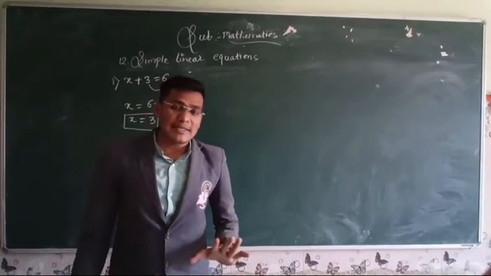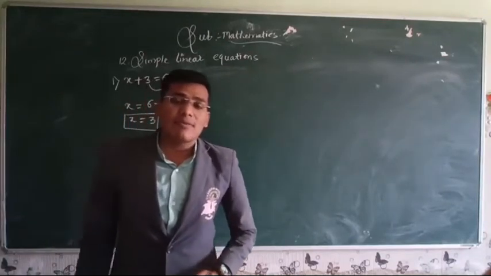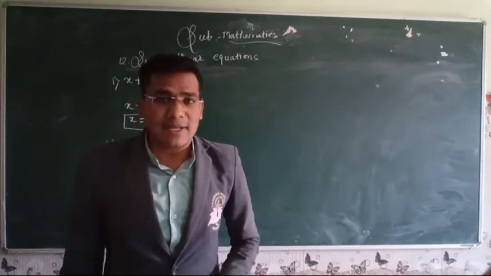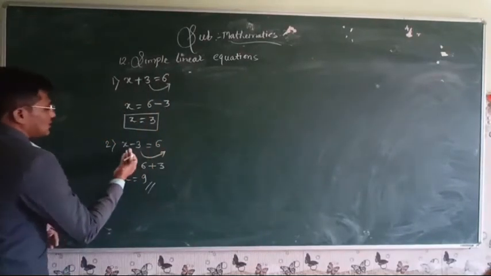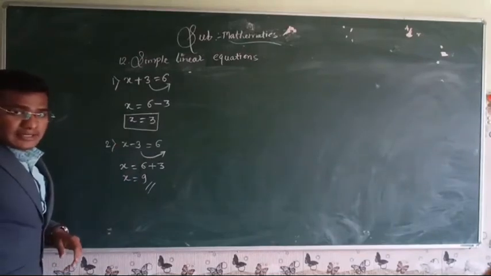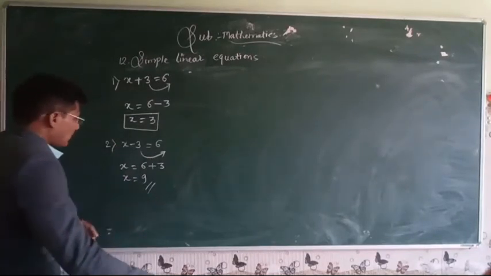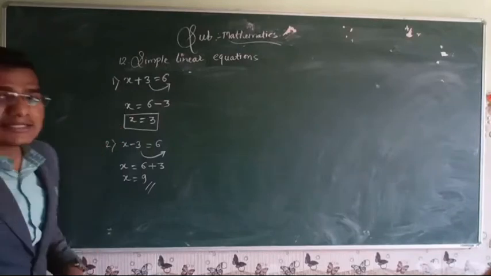The full form of RHS is right hand side and LHS is left hand side, the two sides of each equation. This is for addition and subtraction.